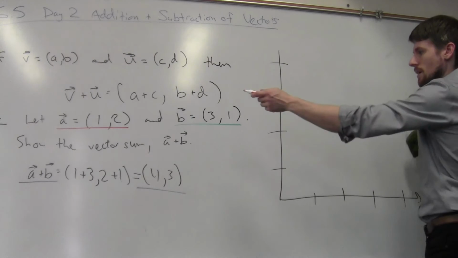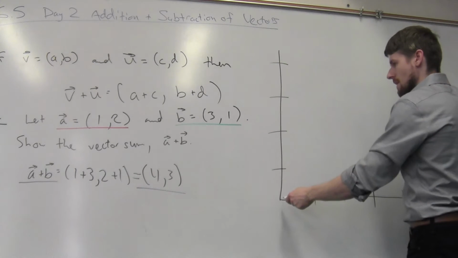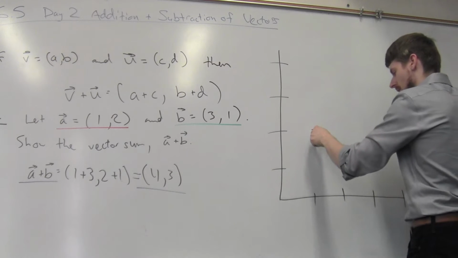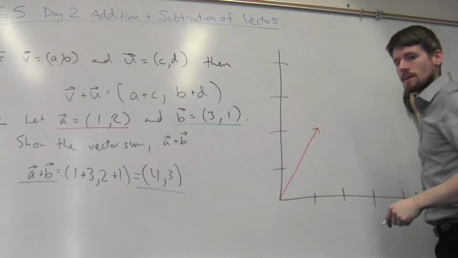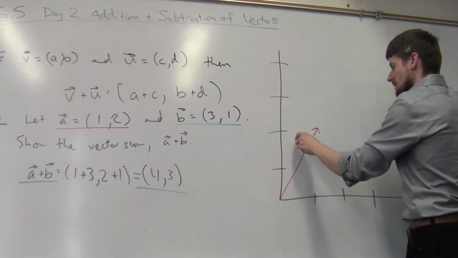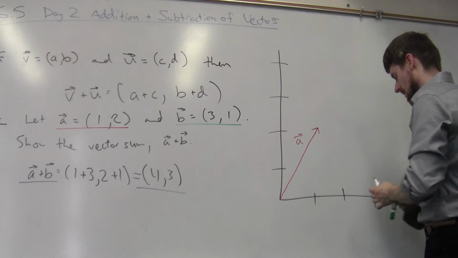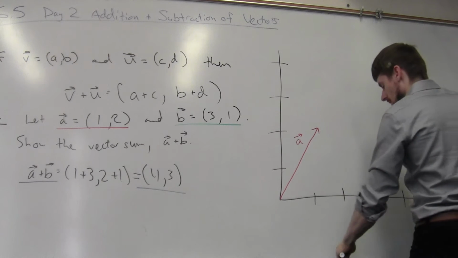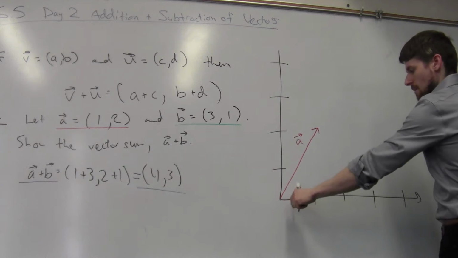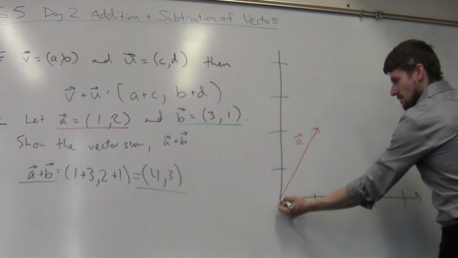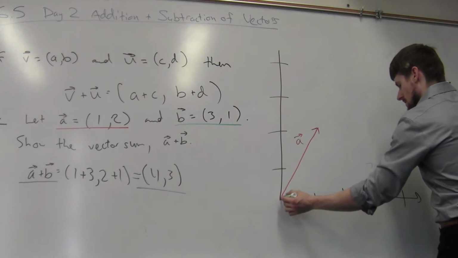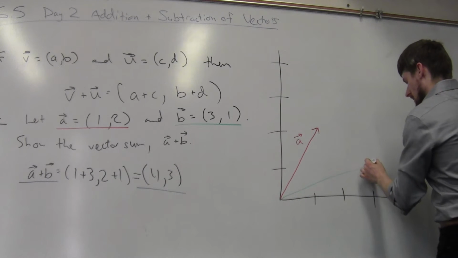So when I draw A, that's a vector 1 in the x, 2 in the y. So the tail of the vector, if I make the initial point the origin, is at 1, 2. So that's vector A. If I draw vector B, again, if I make its origin at 0, 0, then it will go 3 in the x and 1 in the y. So this is my vector B.